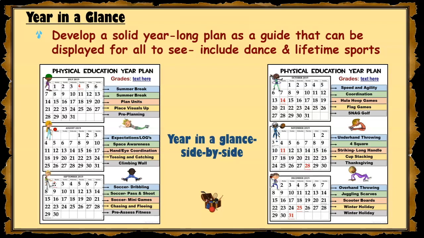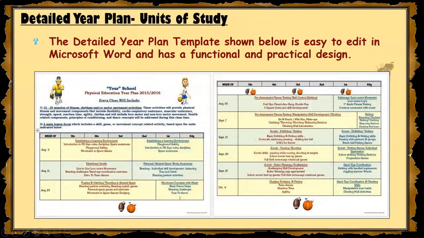Simple tool, easy to change if you need to. And then you can take the year in a glance, and you can do more of a detailed year plan. So you take those units and you break them down a little bit into more detail about what you want to do per grade level.